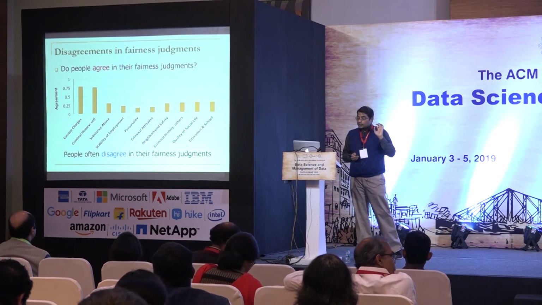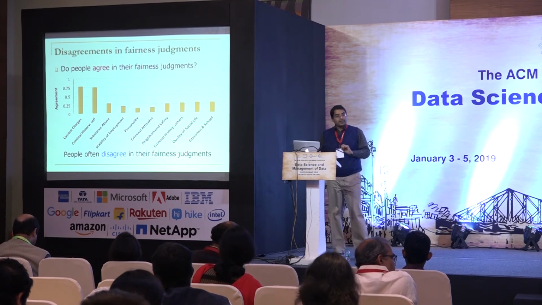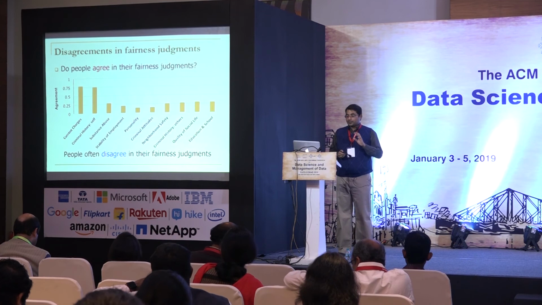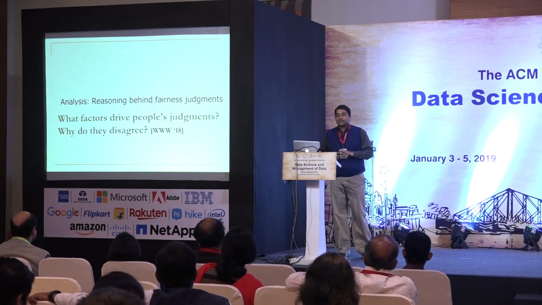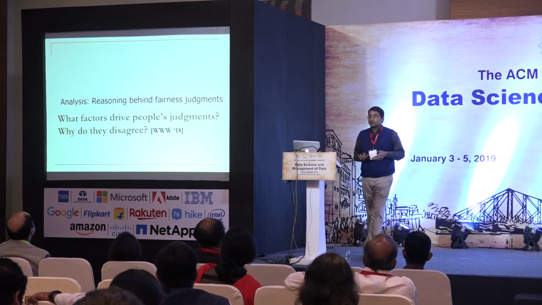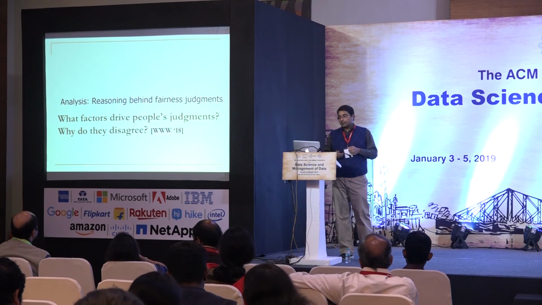Once again, on certain topics like current charges and criminal history, people actually agree about the fairness of using them, but along the other things, there is significant disagreement. So the question then becomes, what factors actually drive human judgments, and why do they disagree?